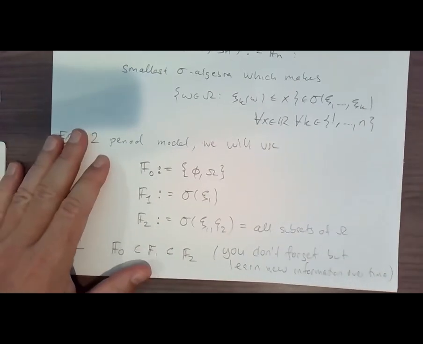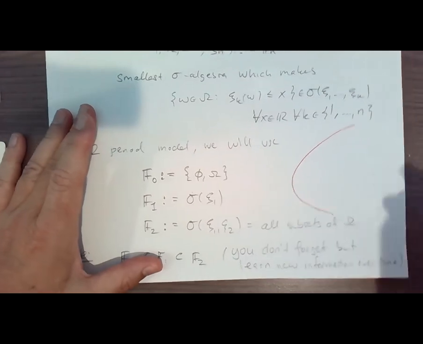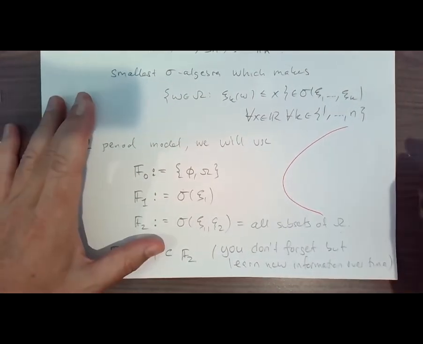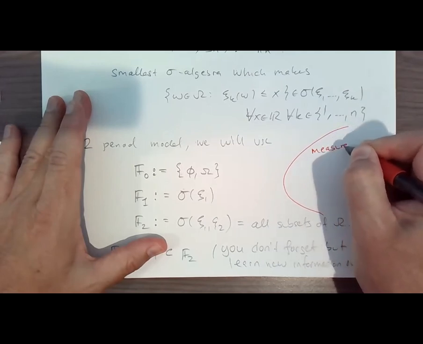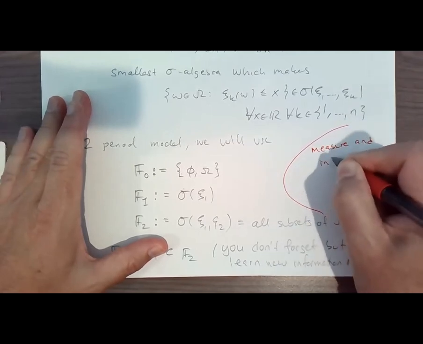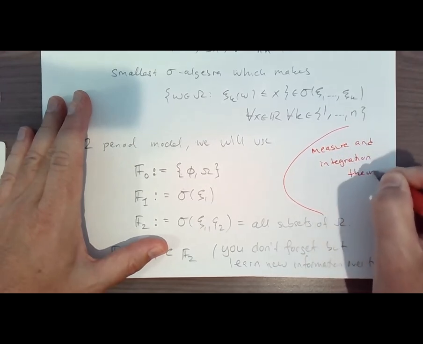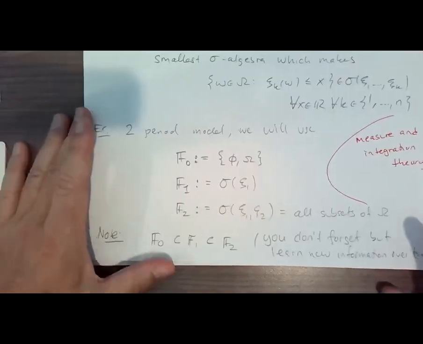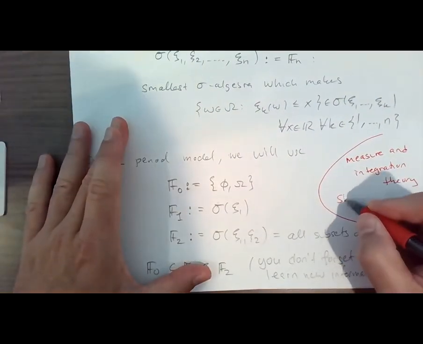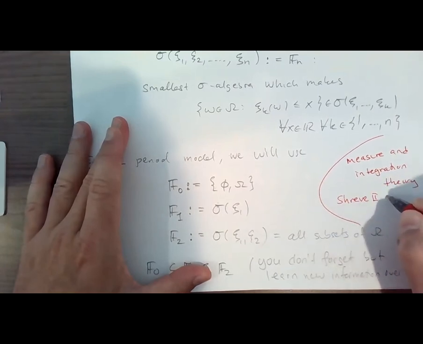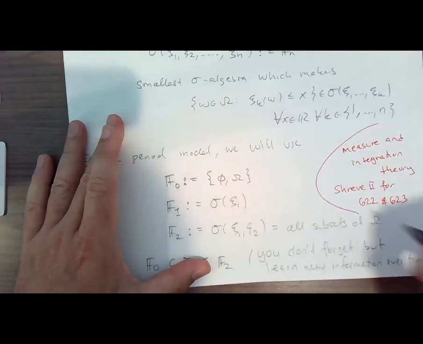If you have taken courses, the search that you want to be doing is measure and integration theory, if you want to go out and find another source. Shreve 2, which is going to be used for 622 and 623, is a good source.